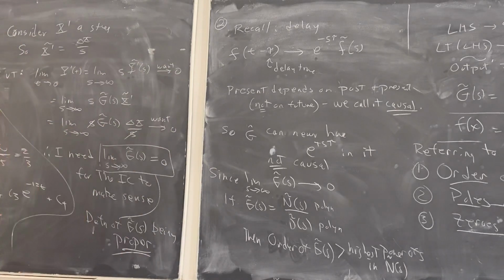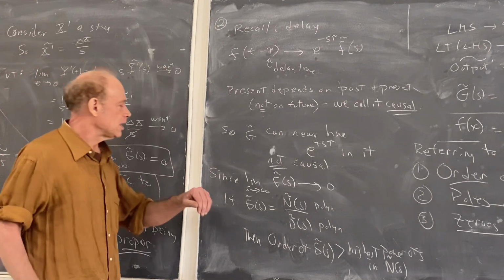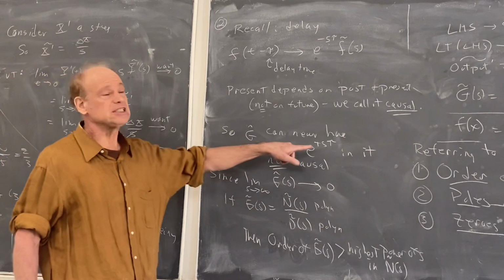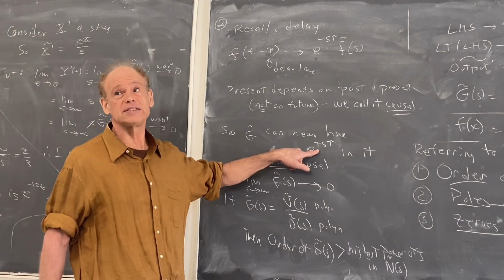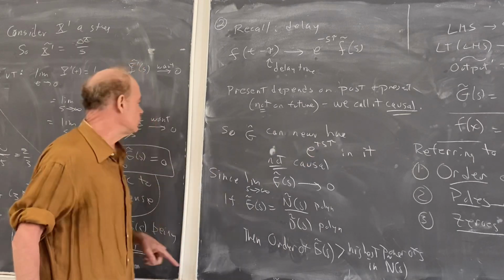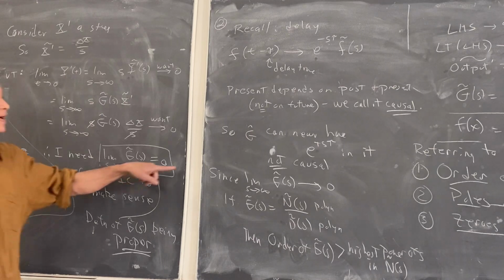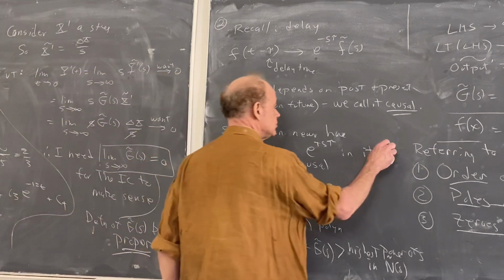So immediately, whenever you see a g, you've got a little gut check. Does g make sense? First of all, I need this to be the case. Obviously, if I have an exponential in the numerator, e to the s tau, as s goes to infinity, it's not going to go to 0. So I can't have this in the numerator.